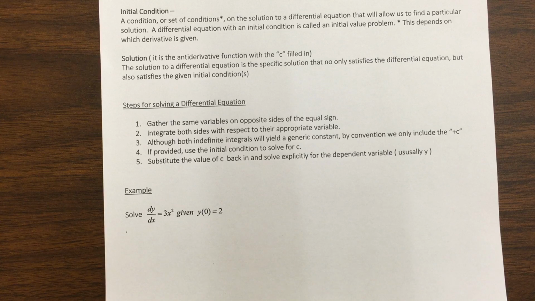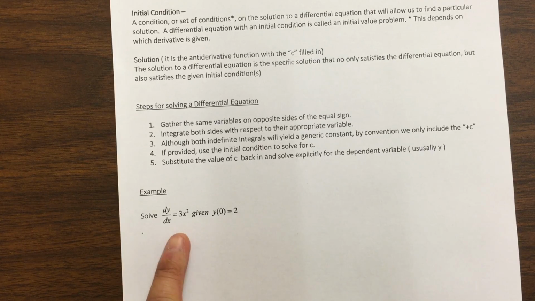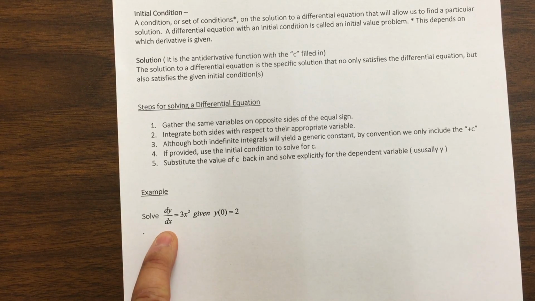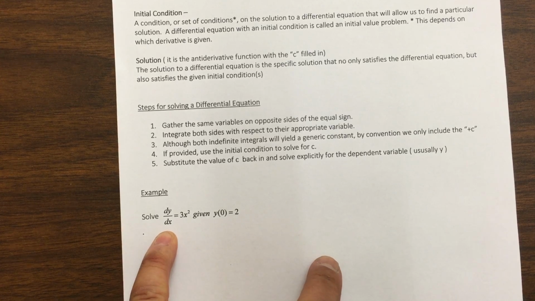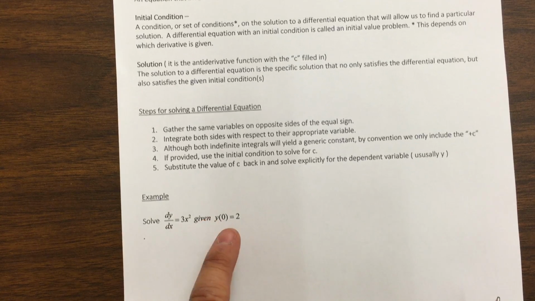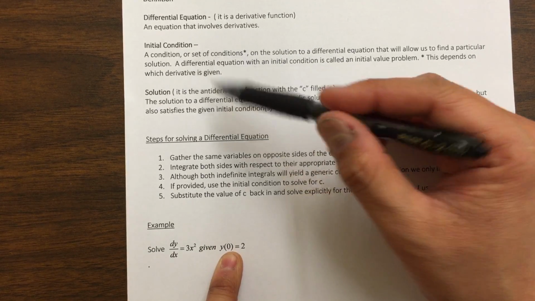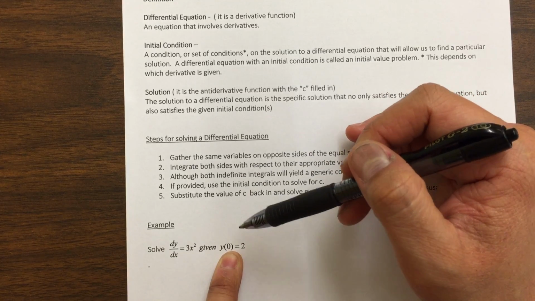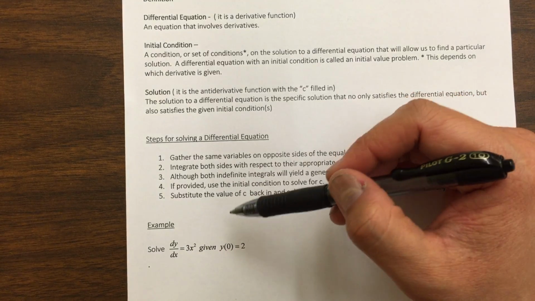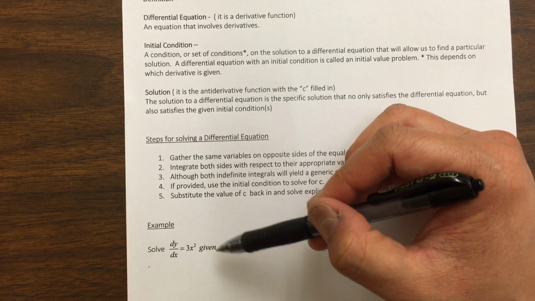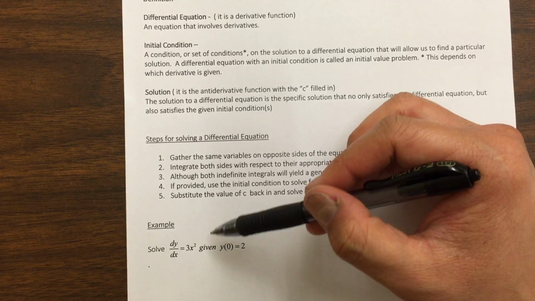Solving differential equations. So here is an example of a differential equation, which means that you're given the first derivative and you're also given some initial condition. This is our initial condition. So we know a point on the original function, but that's all we know, right?